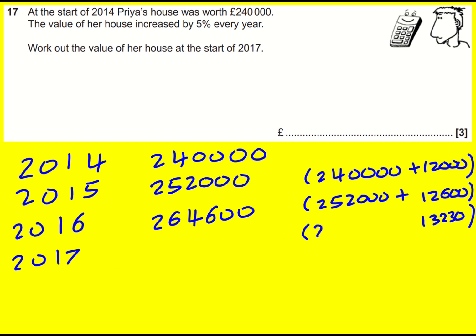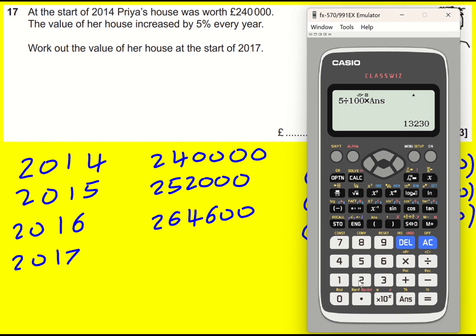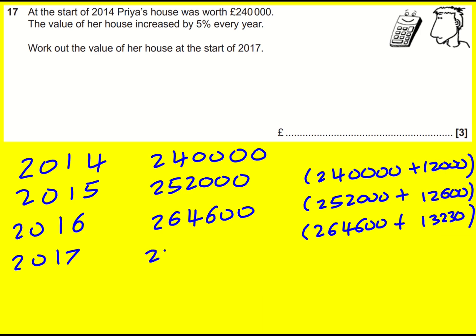But you can see what I'm doing. 264,600 plus that is £277,830. And that is our final answer. You tend to put a comma in. I haven't done that anywhere else, but yeah.